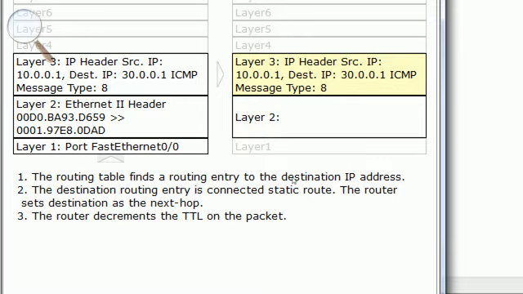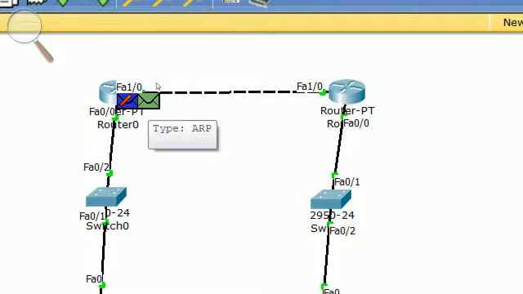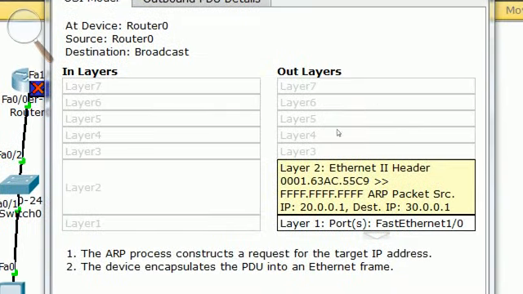The router sets the destination as the next hop, meaning the IP to which I am communicating. Look here, the router is generating an ARP. For which IP? Source is? Destination is? Now the ARP process, the target IP address, fine.